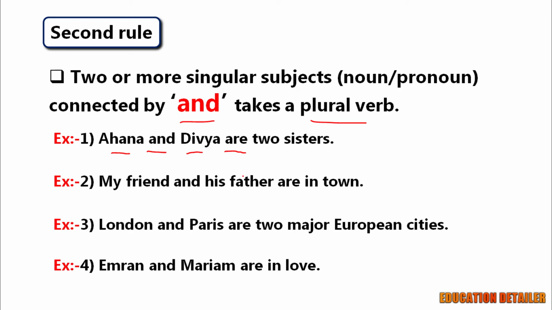Have a look at some more examples. My friend and his father are in town. London and Paris are major European cities. Imran and Mariam are in love.